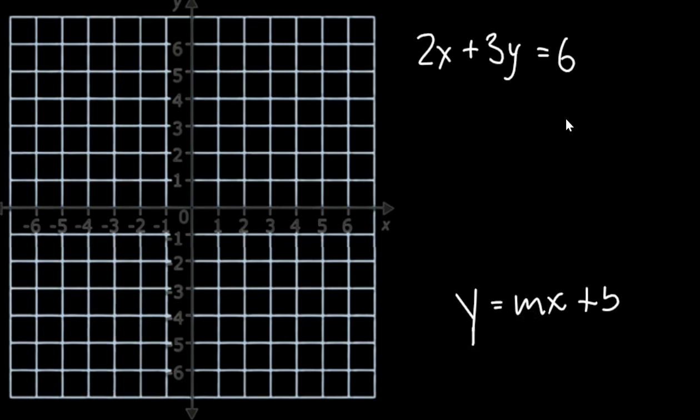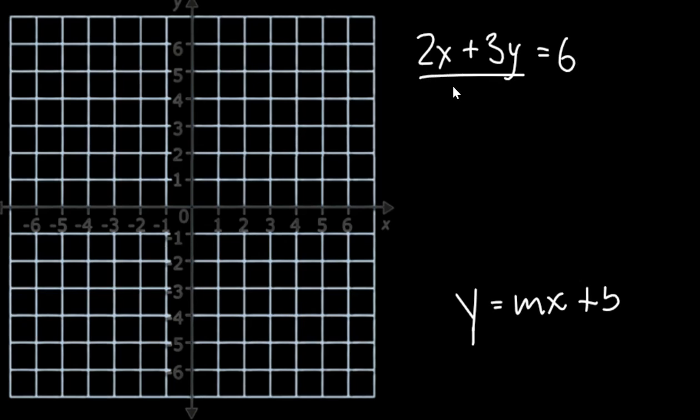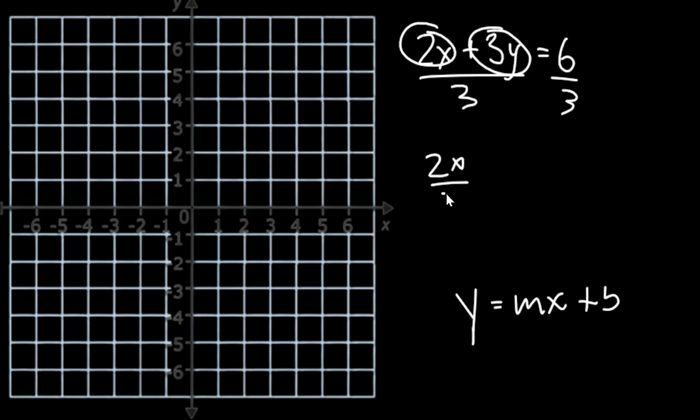So what we can do is divide the entire equation by 3. So divide everything here by 3. Divide everything here by 3. And since we're dividing everything here by 3, this is one term, and this is one term, and we're going to separate them as 2x divided by 3 plus 3y divided by 3 is equal to 6 divided by 3, which is 2.